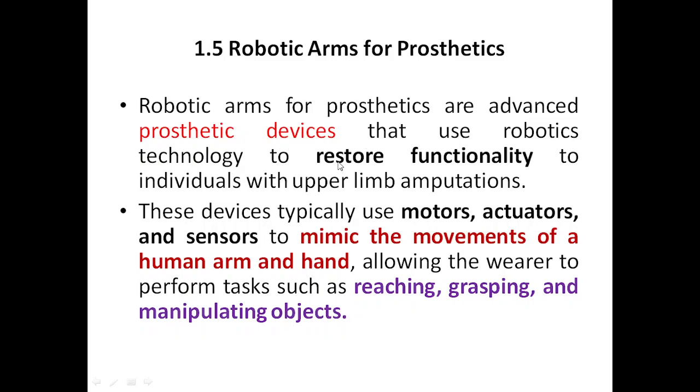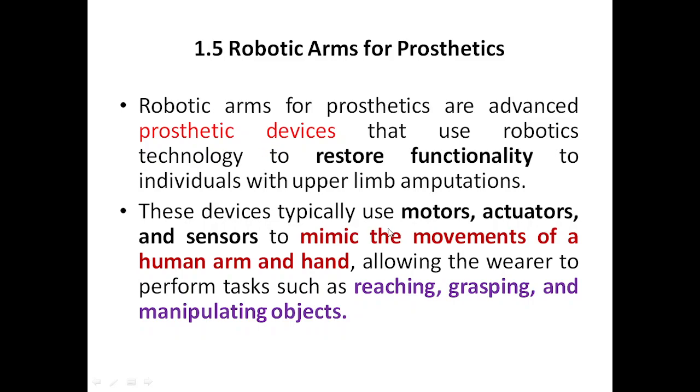The purpose is to restore functionality to individuals with upper limb amputation. Amputation is when a part of the body is cut. For example, here the arm has been cut, so it is an upper limb amputation.